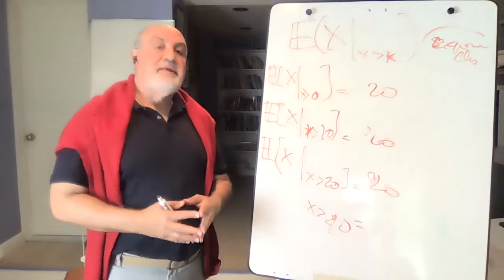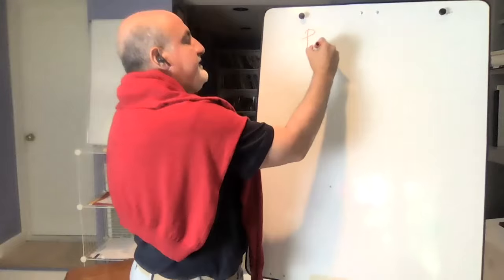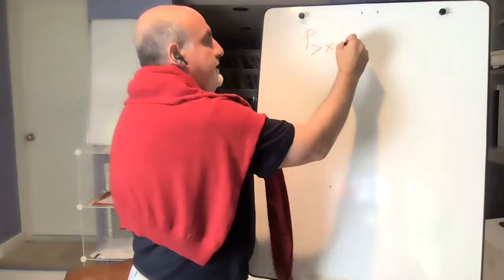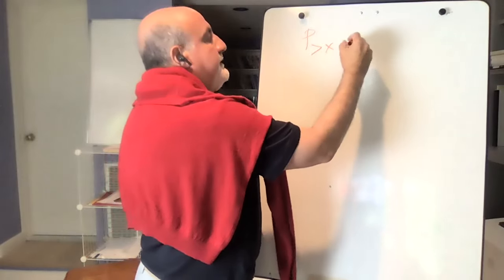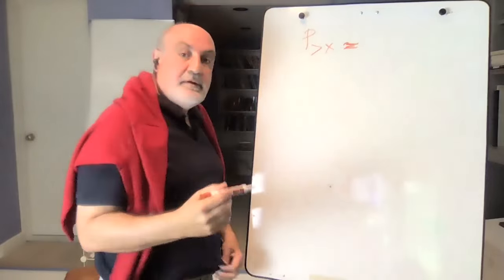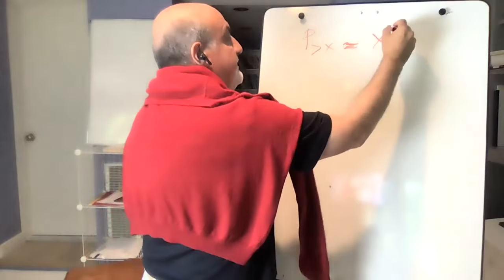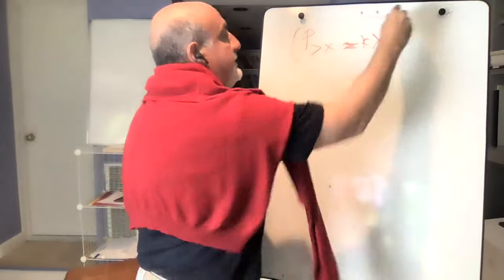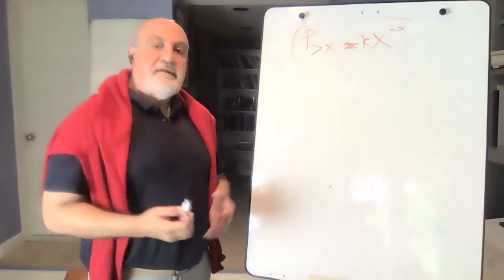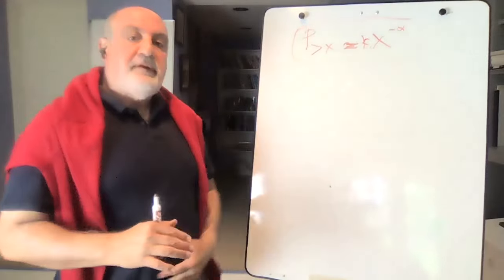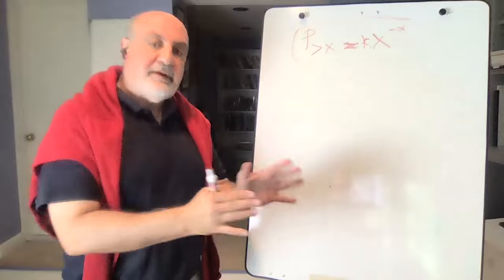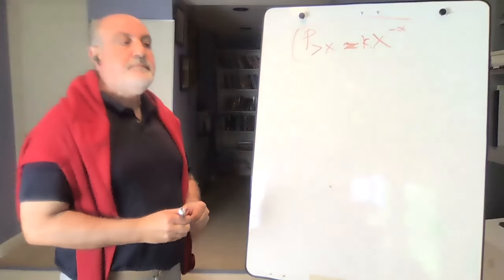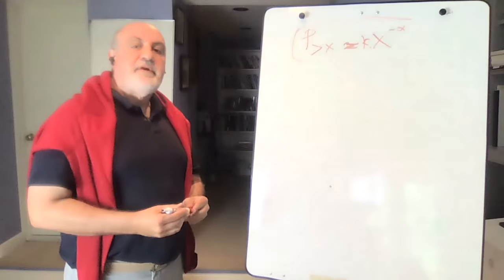Let me get a little more mathematical now. Let's say the probability of exceeding x for a power law is going to be something like, for x very large, some constant times x to the minus alpha. Some people use something complicated you see in my book, the slowly moving function.